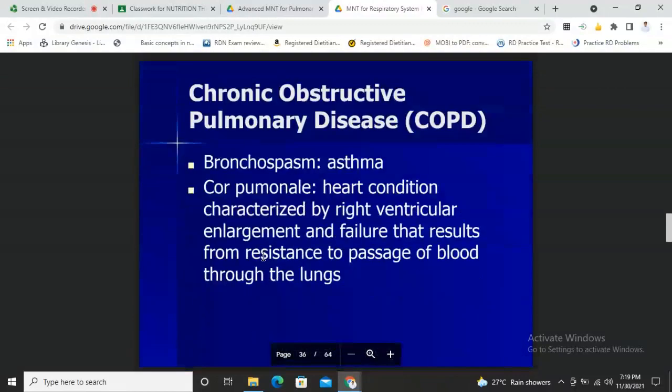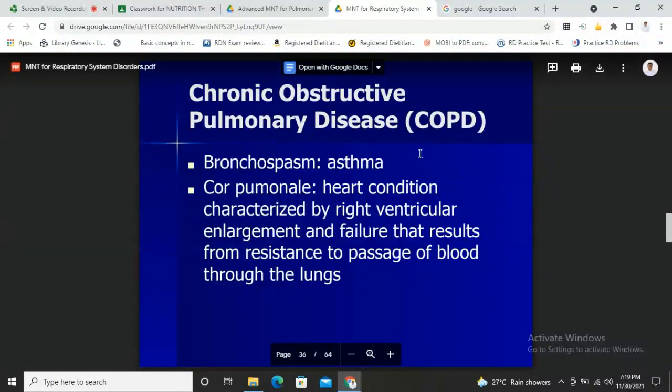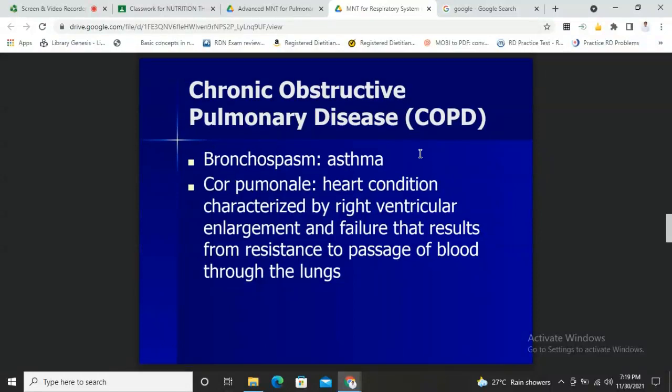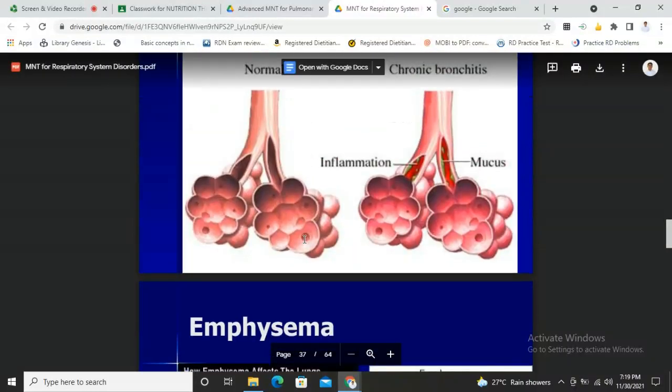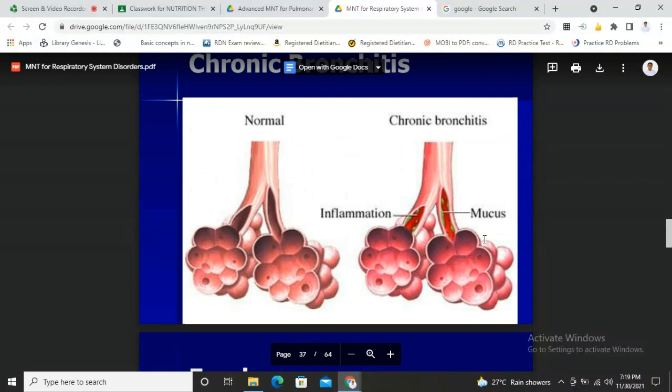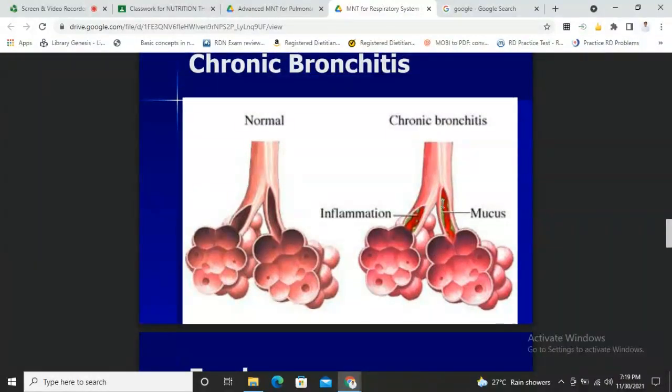Yeah, mo nitong akong ingon, no, that asthma may also be classified under the COPD. Okay? So, this is how these specific diseases look like. For chronic bronchitis, the bronchioles are inflamed, and you can see here the phlegm or the mucus.